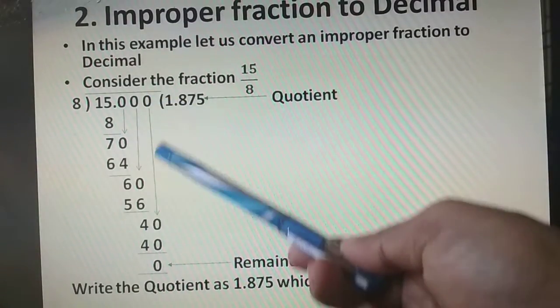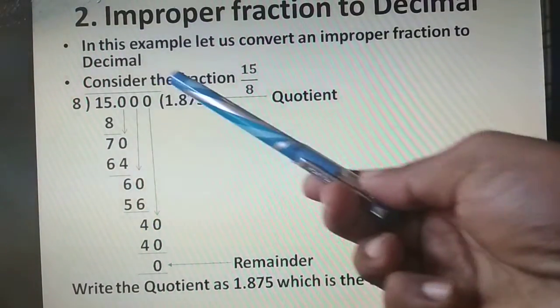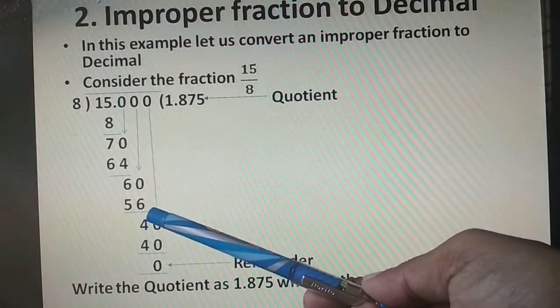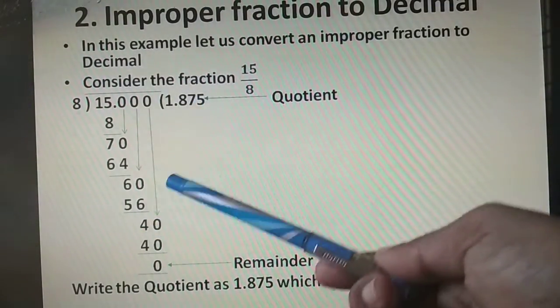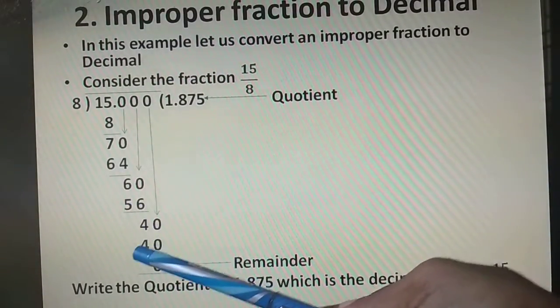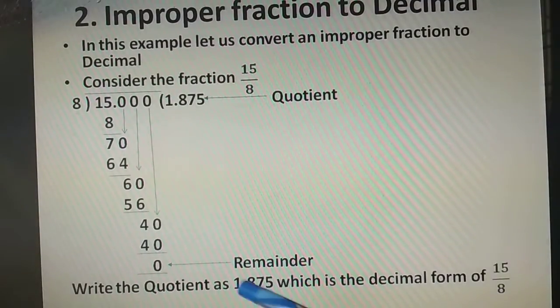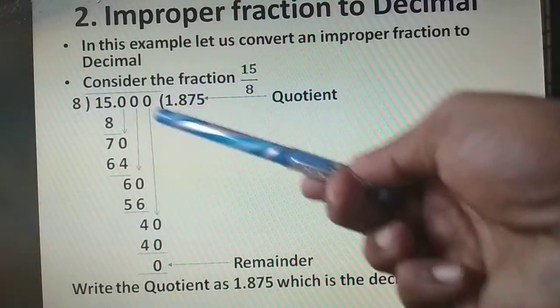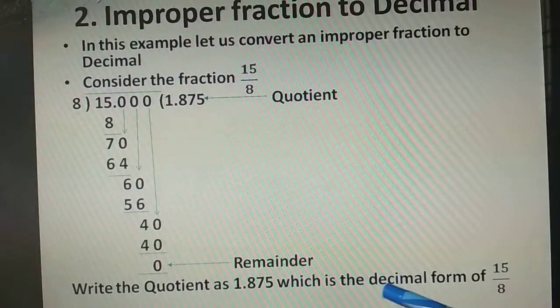Bring down the next 0. It becomes 40. How many times will 8 go into 40? Exactly 5 times. 8 multiplied by 5 is 40. You put that 40 down and then subtract. You will get the remainder 0. Hence the quotient 1.875 is the decimal form of 15 by 8.